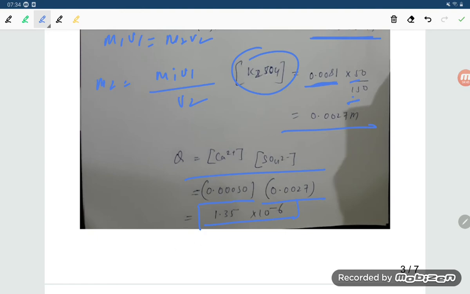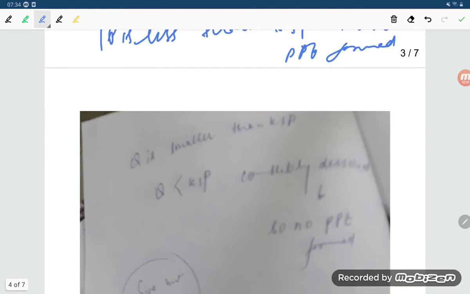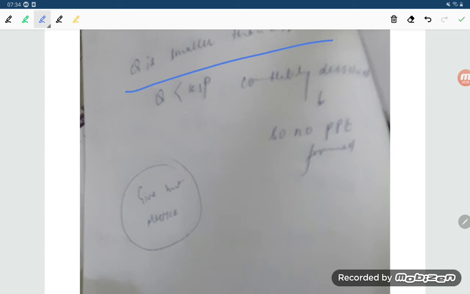So IP is less than KSP, so no PPT forms, precipitate will not form. Here they are saying Q is smaller than KSP, so completely dissolved, so no PPT forms.